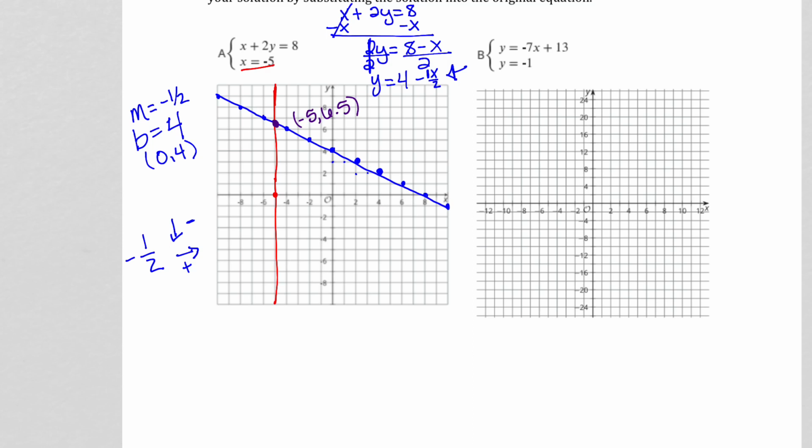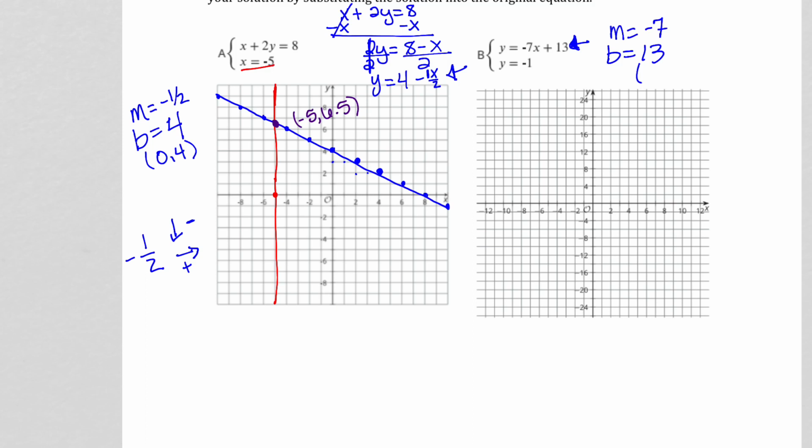So for B, is my equation right here in slope-intercept form? Yes. What is my slope? Negative 7. I almost wrote 13 because you said 13. All right. What is my b? 13. So what's the coordinate for that?